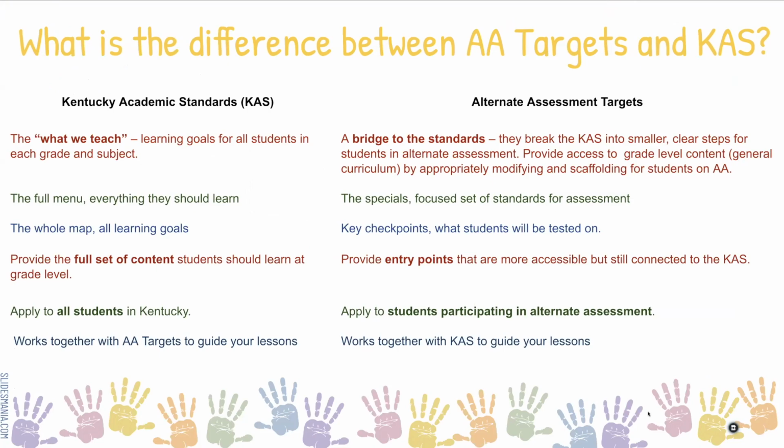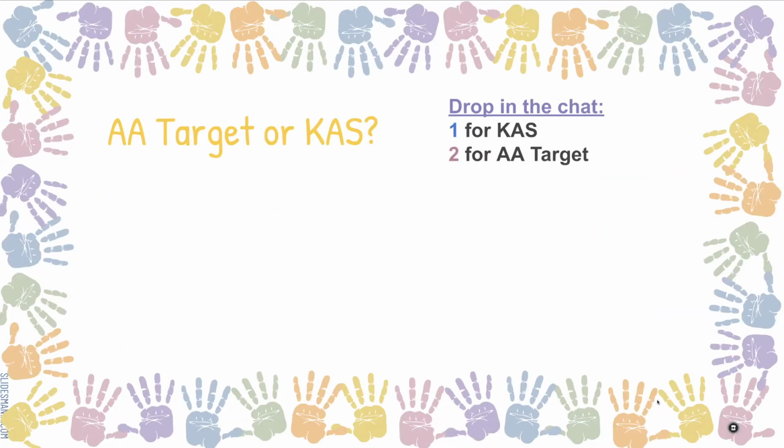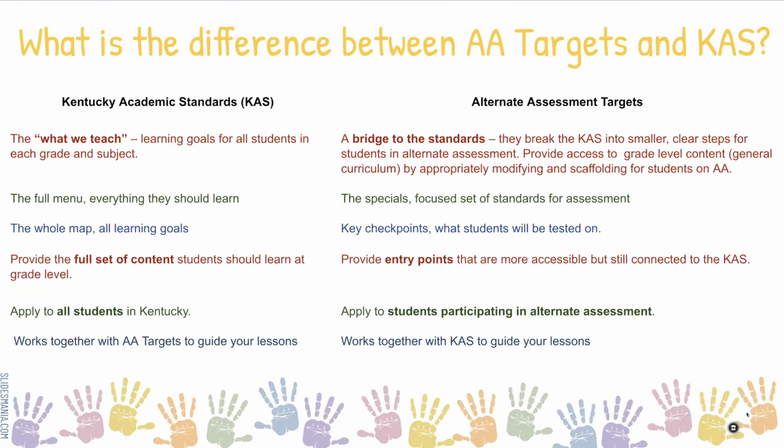And so I wanted to talk a little bit about breaking down the difference between alternate assessment targets and the Kentucky academic standards, because I think sometimes there is some confusion. So this is kind of a side-by-side breakdown of what each one is. Like I said earlier, the Kentucky academic standards tells us what we teach.